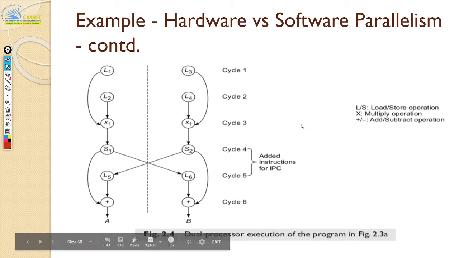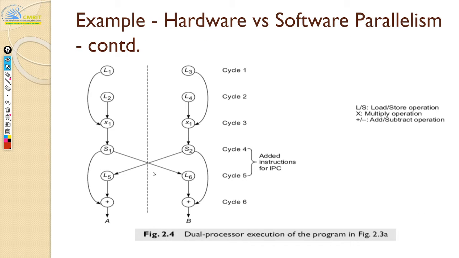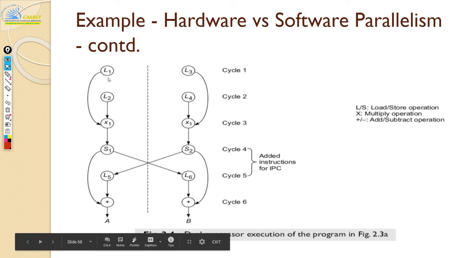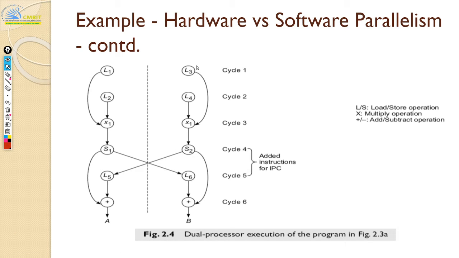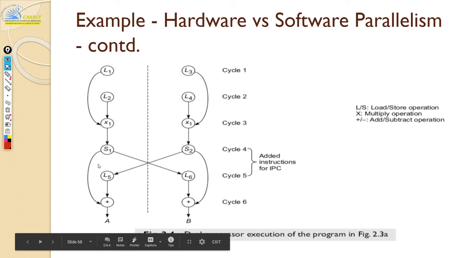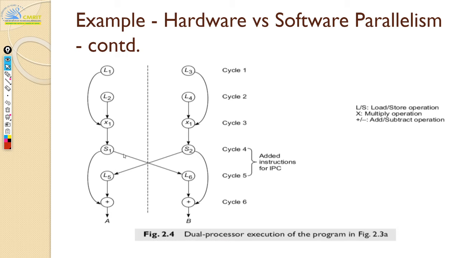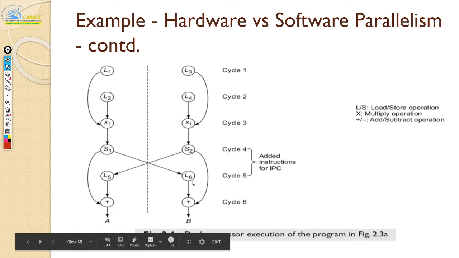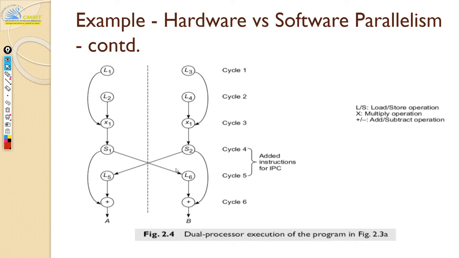The other thing that could happen is inter-processor communication. So here there is sequential execution going on in two different processing elements. Okay, so this is a dual processor. You have one processing element here executing serially, and the other processing element also executing serially. Then there are places where your processing elements will have to wait for data from the other processing element.